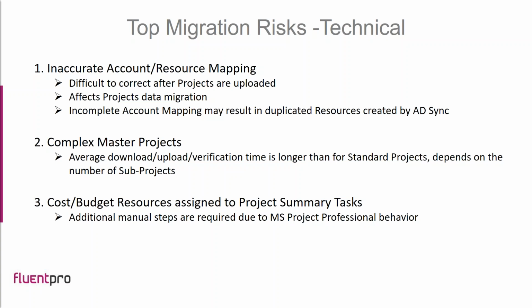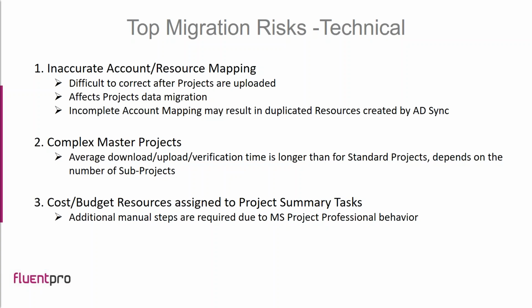This requires a mapping of your source user account to the target one. And this process should be extremely accurate, because if it's done with mistakes or missing accounts, this can be difficult to correct after projects are uploaded.